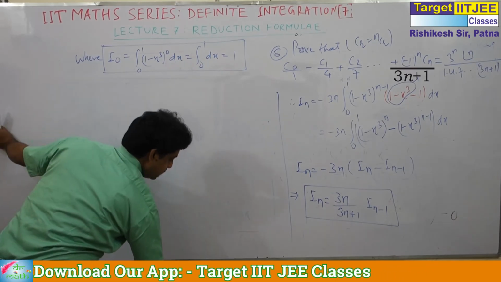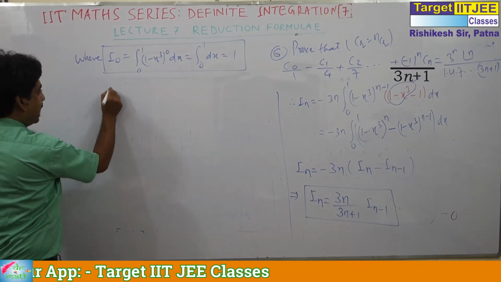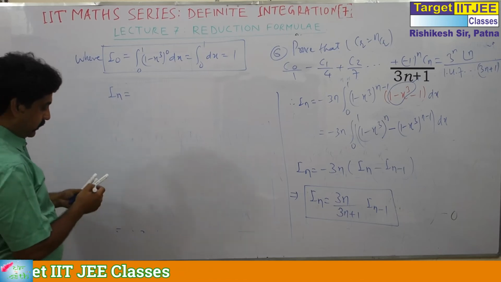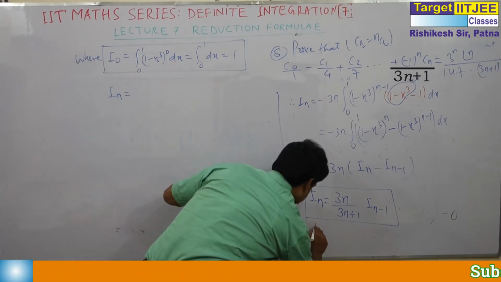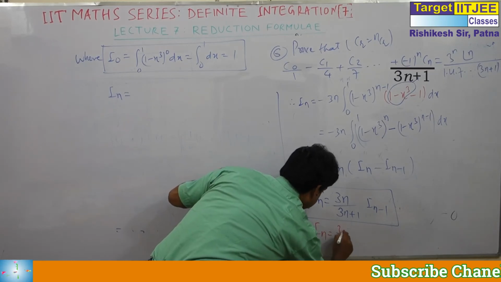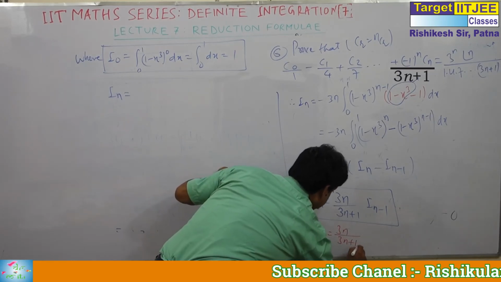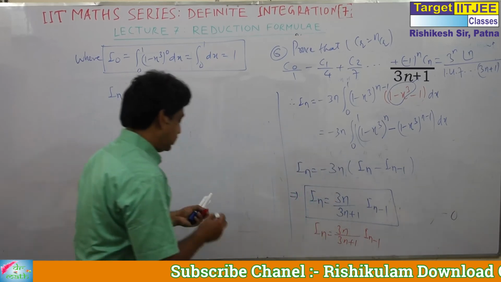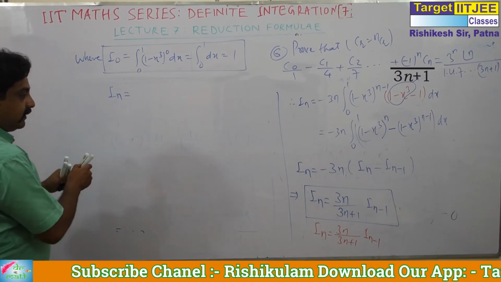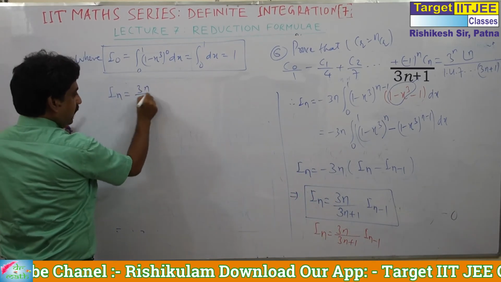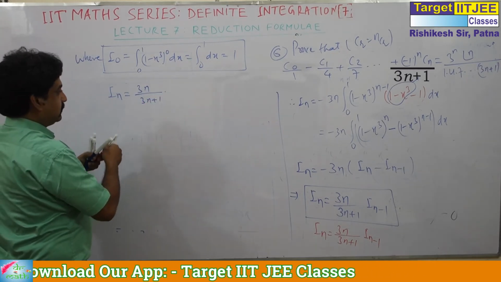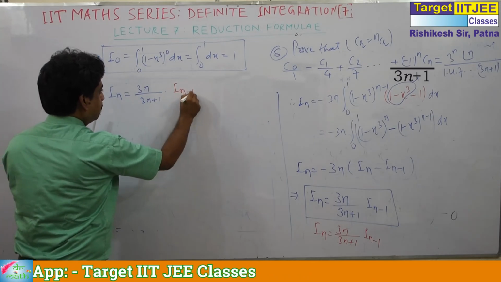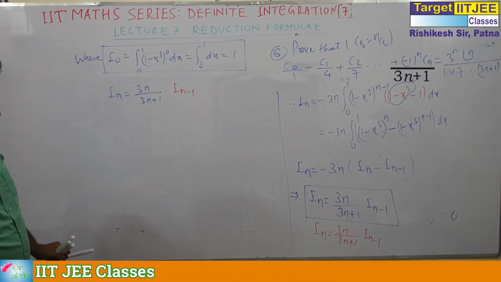We have done it. Let me write the formula in red. I_n is equal to 3n by 3n plus 1 times I_{n-1}.